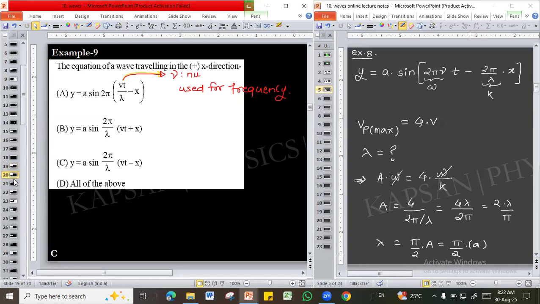Okay, solve this. Let me check who can solve this. Obviously, theory will be boring, but questions are interesting.